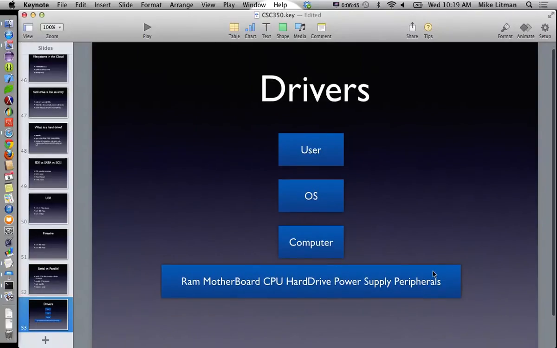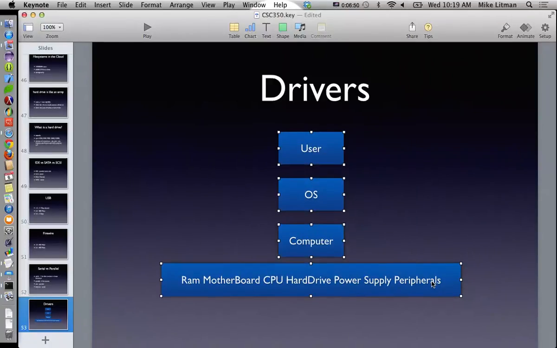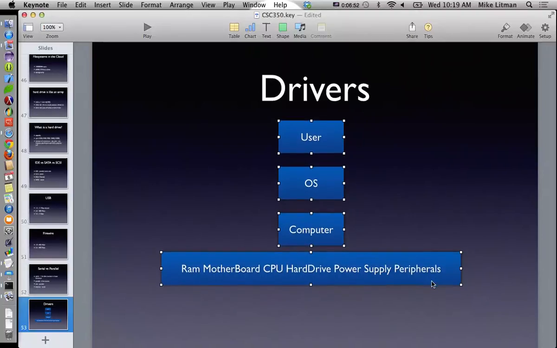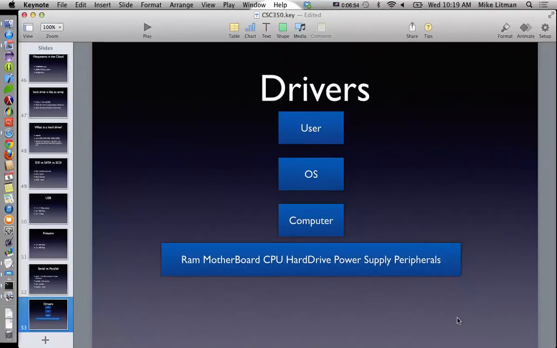What are peripherals? When you hear peripheral, besides saying that's a hard word to spell, what are examples of peripherals? Peripheral would be extra stuff that isn't in this list, right? What are some examples of these? CD or DVD or graphics card. Is that what you meant? Sure. CD, DVD, graphics card.